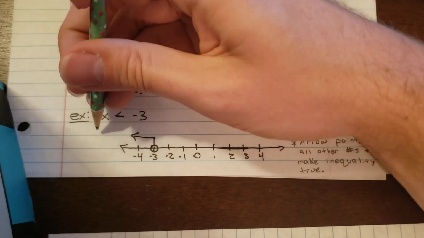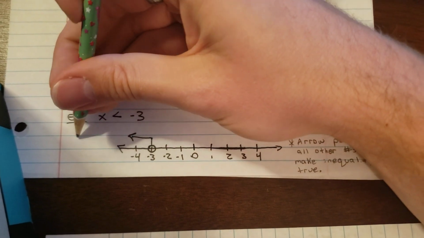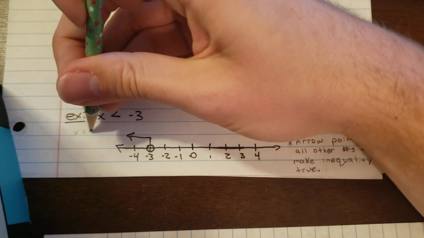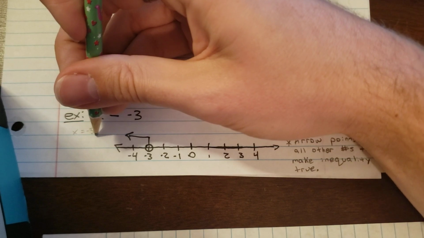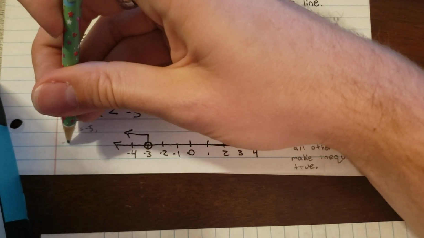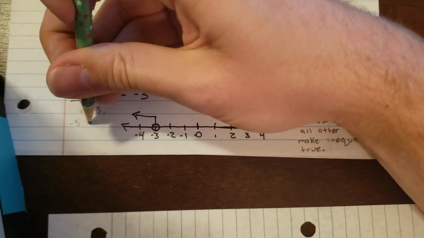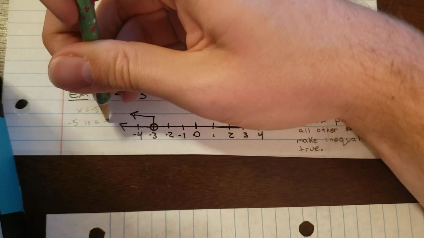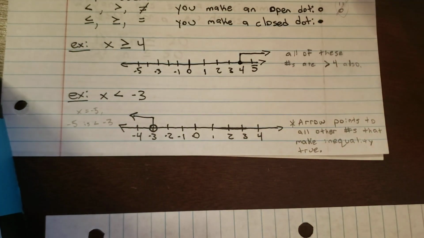So if x was -5, -5 is less than -3, so therefore it's true.